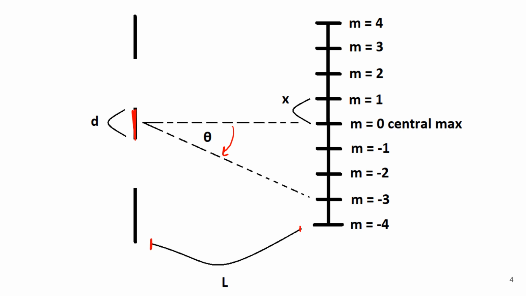L is the distance from the openings to the screen where we're detecting all these different bright spots. x is our distance between bright spots, and in this case, we'd measure from the central maximum. And then m is just an integer number of bright spots away from the center.